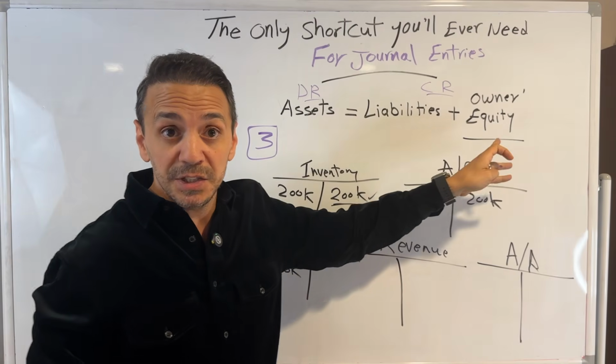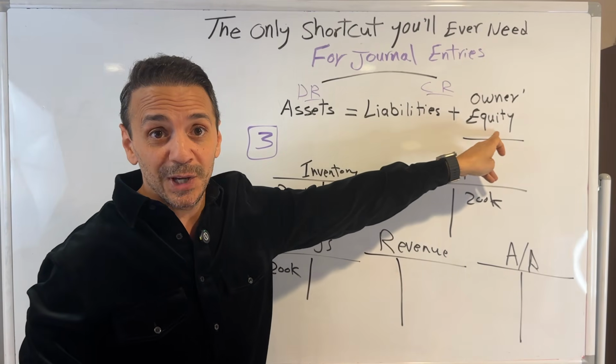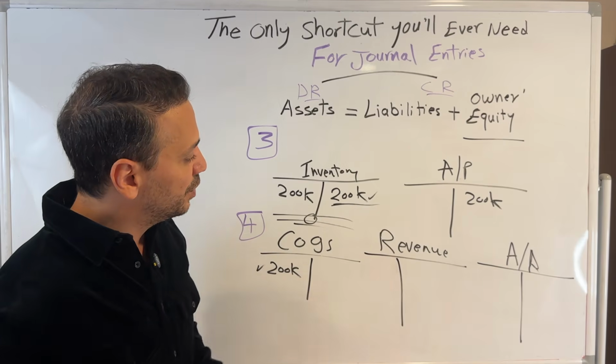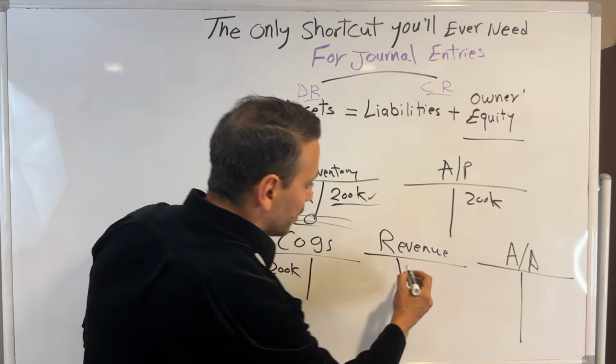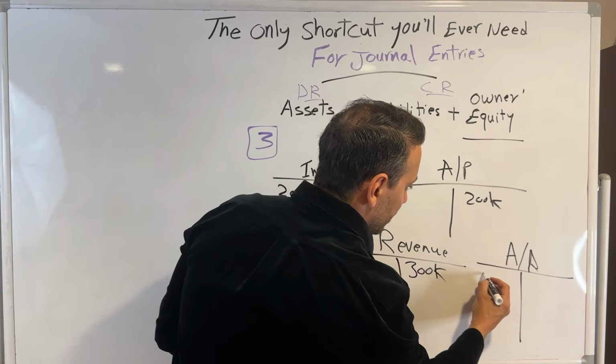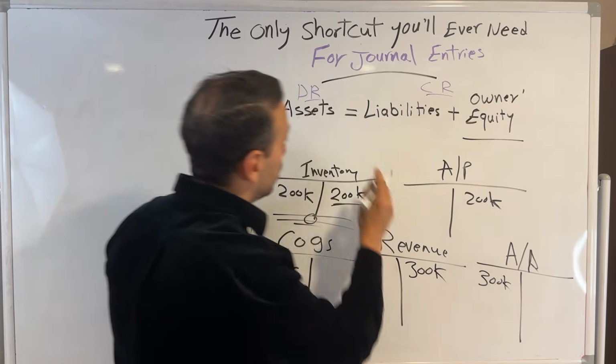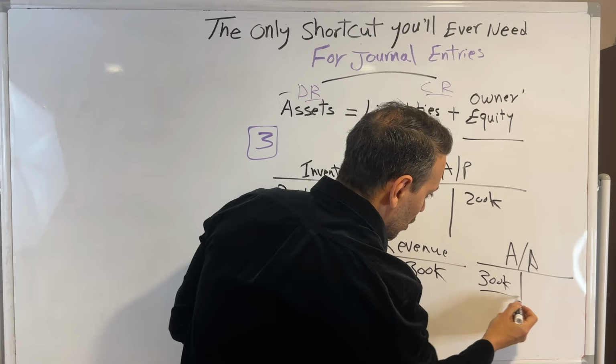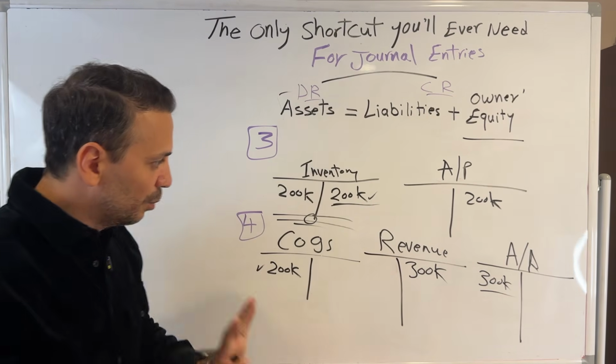Revenue is favorable to equity, right? So then revenue is going to be a credit. So 300K in revenue and a debit to accounts receivable, which is always an asset, is always a debit, right? And that completes that transaction.